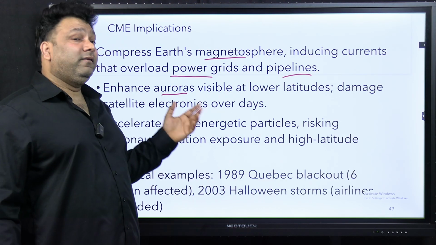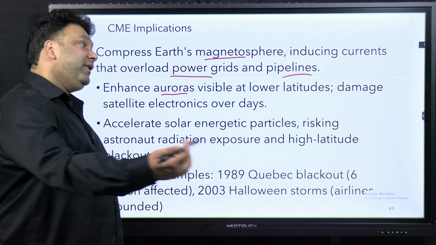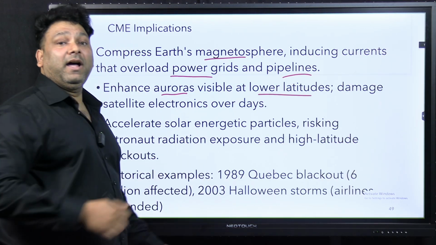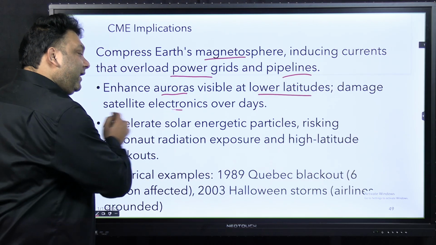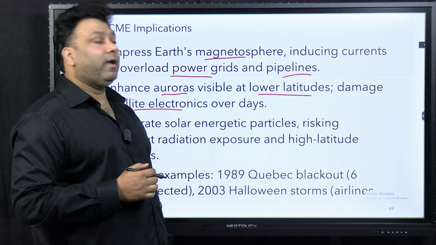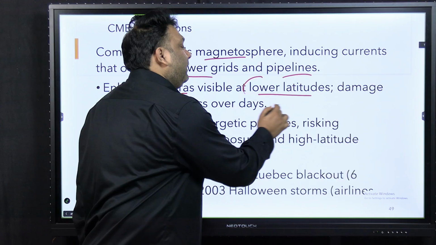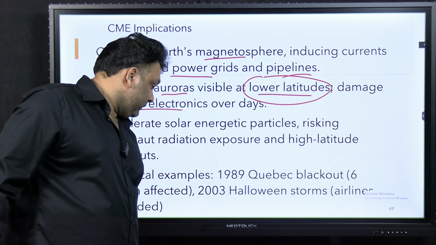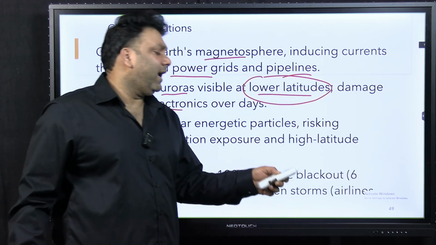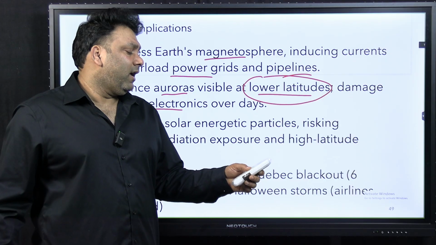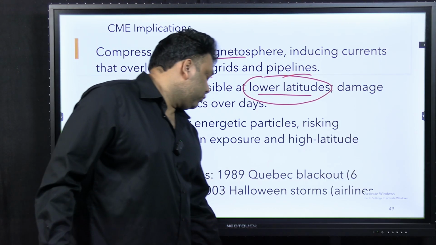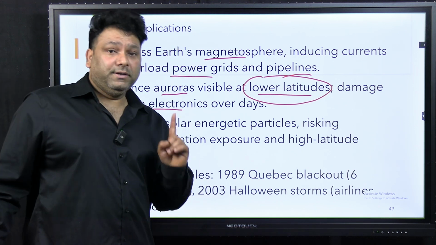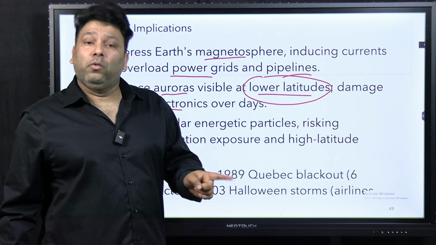And when it becomes more and more, even in the lower latitudes, the northern lights and southern lights can appear. So anything can happen. For example, in the examination, if you don't understand this, you have read that auroras will be there in the higher latitudes only, so how do they occur in lower latitudes, don't think about it there. Just remember one thing: in the future, it will be a possibility.